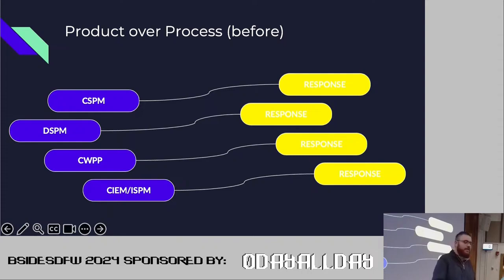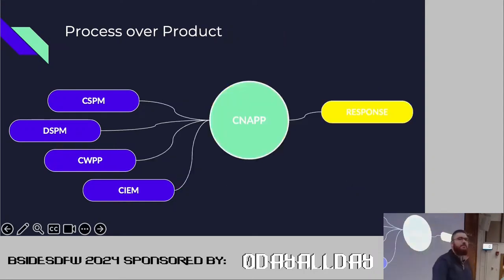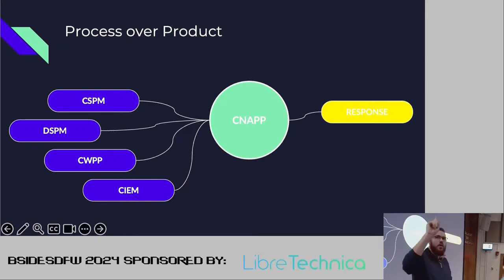And so the goal is to say, instead of having 4 different responses from 4 different teams potentially that have varying levels of workload and capabilities, instead make it a process. Our process is to take all of these insights, correlate them, do everything I've been talking about for the last 20 minutes, and say, here's your actual problem. Here's your response. Again, that response might still be 4 changes to your cloud environment. That's okay. But we are going after one problem, one effort to fix this one problem.